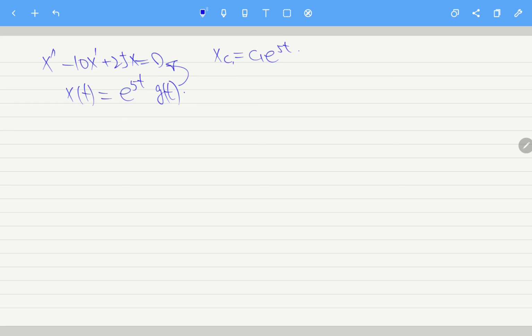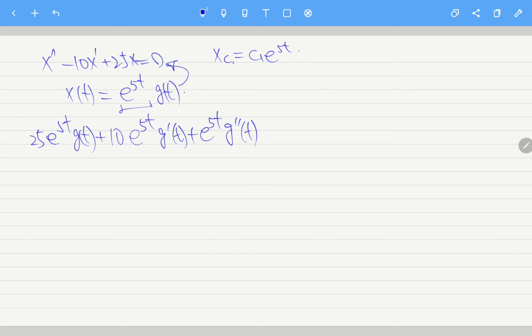So for the second derivative, the second derivative of this one will be 25 exponential to 5t times g of t, and then the first derivative will be 5 times 2 is 10, and then exponential to 5t g prime of t, and then plus exponential to 5t g double prime of t.